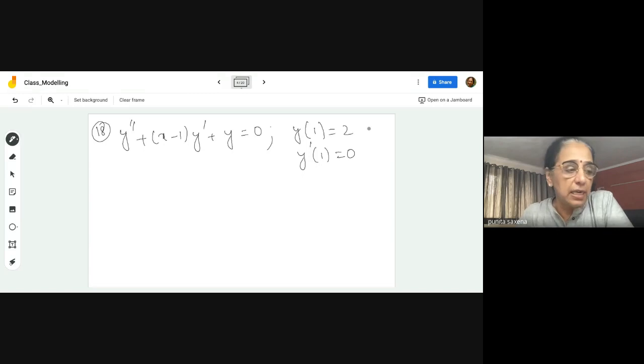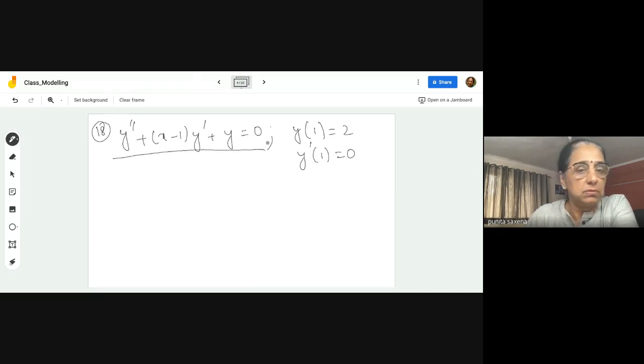Now this is a little tricky, so we have to pay attention here. My differential equation is fine, and since my coefficient is a constant, obviously there is no singular point. Therefore the series solution is going to be convergent for every x. So that part is fine, right?